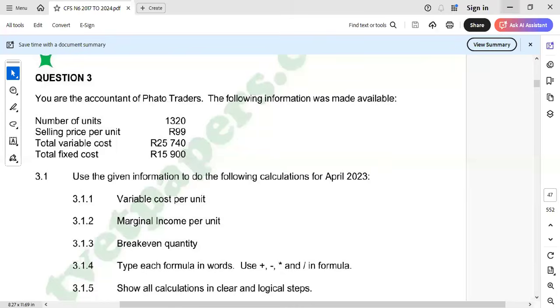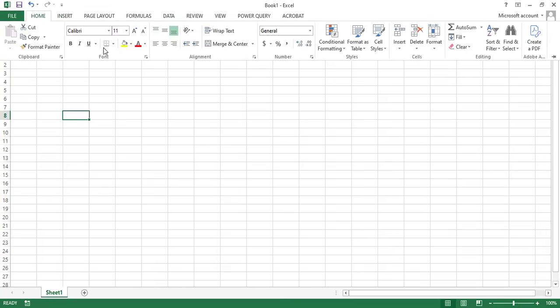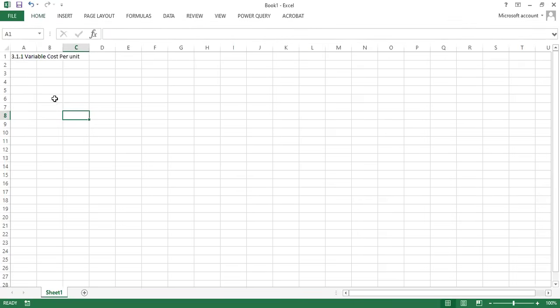So under Excel, we are going to write 1.3.1. They are talking of variable costs per unit. Now, variable cost per unit.